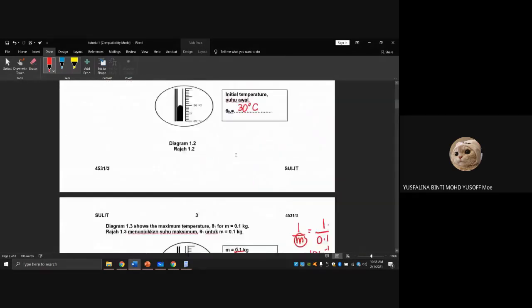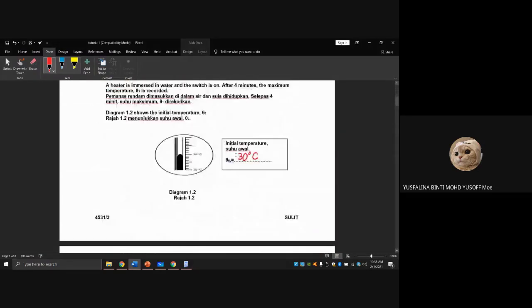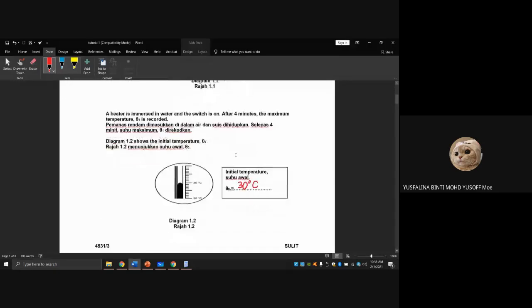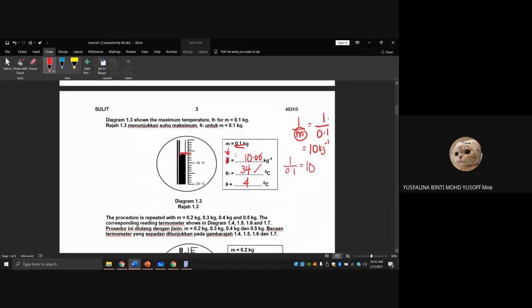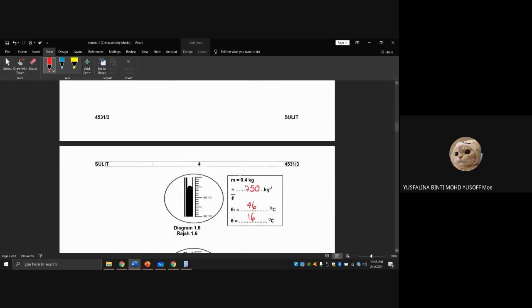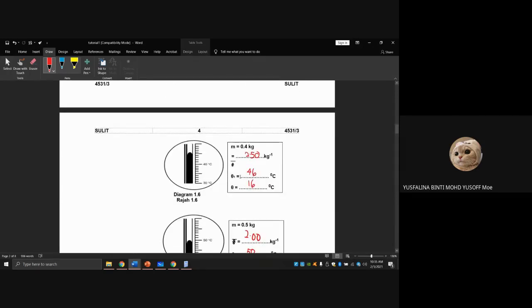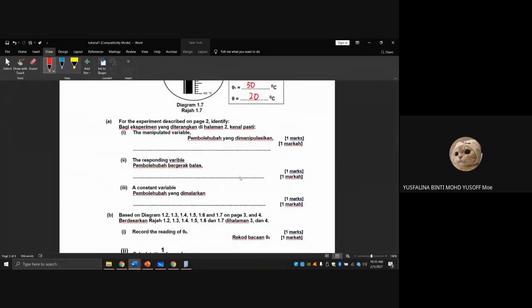M is the mass of water. If you are confused, look at the diagram and see what value is given by the question. For every diagram, they give you the value of m, 0.1, 0.2, so the manipulated variable is the mass of water. So you put here: mass of water.